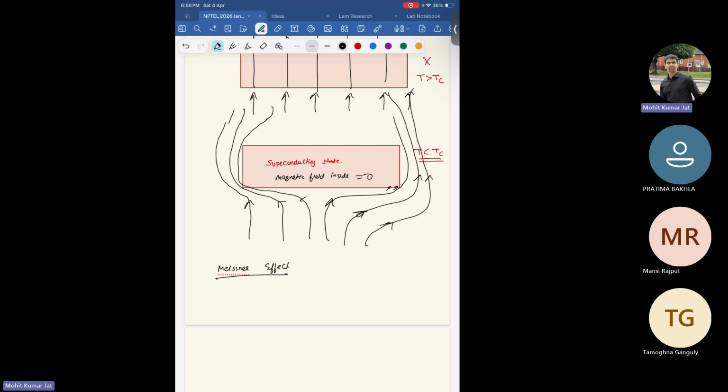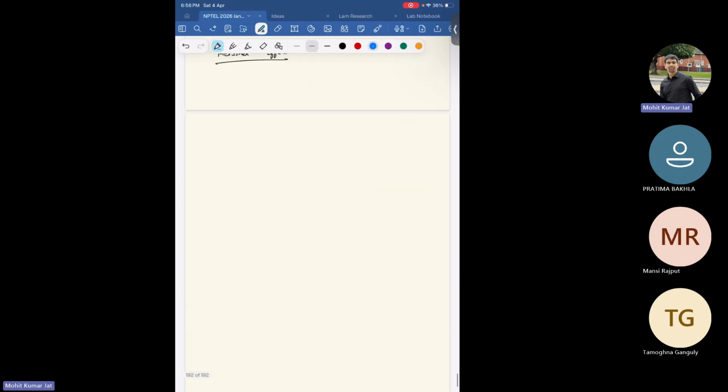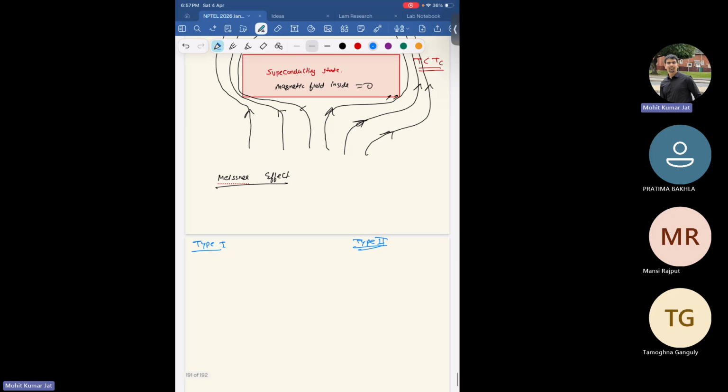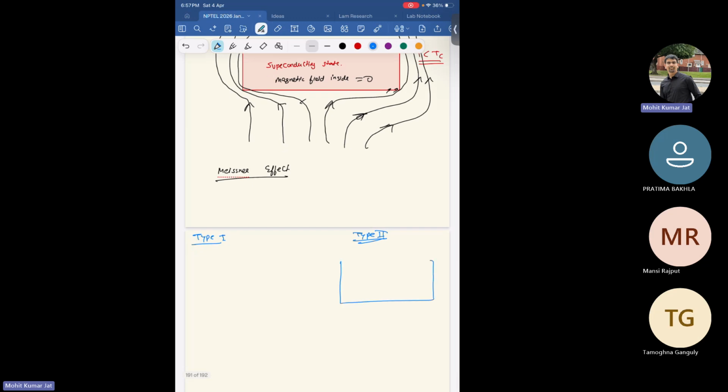So basically the Meissner effect, and then you can classify your superconductors as type 1 and type 2. In type 2, your superconductor forms vortices.